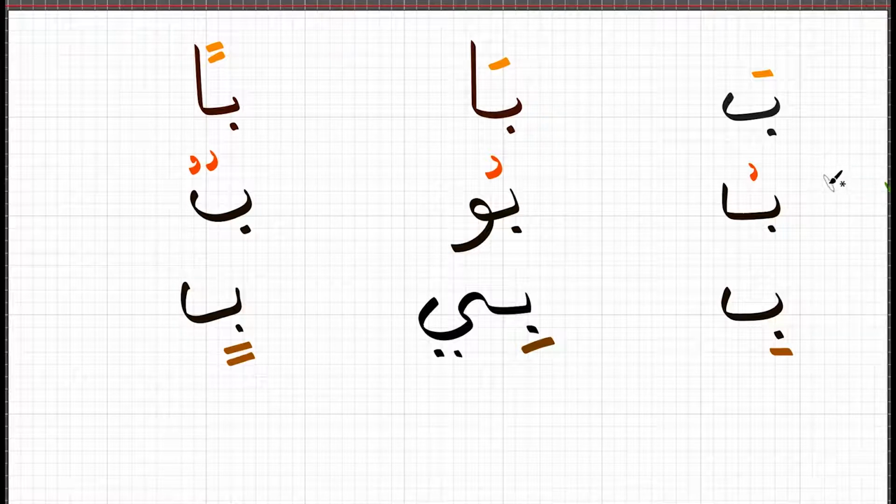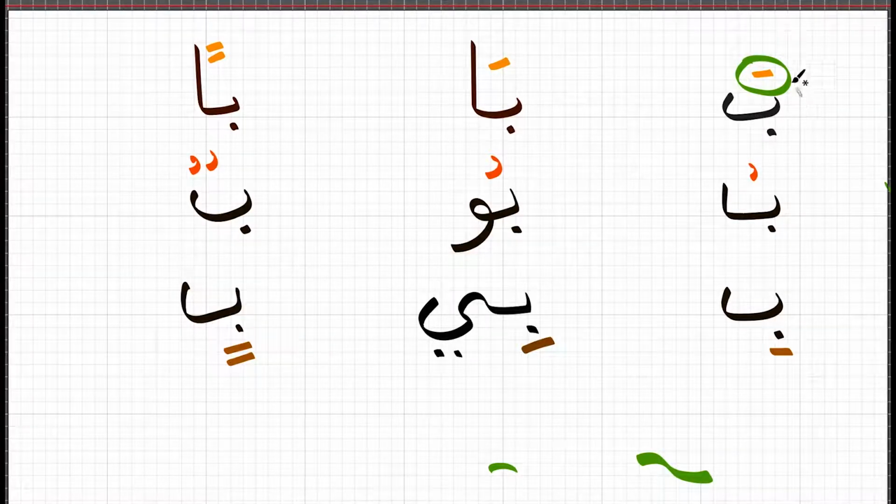This first sign is called fatha. Every time you see fatha, it's always above or on top of the letter. The sound this sign makes is a. So when this one is added to ba, it becomes ba.